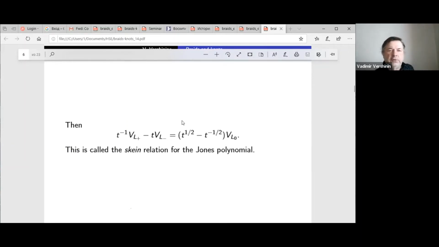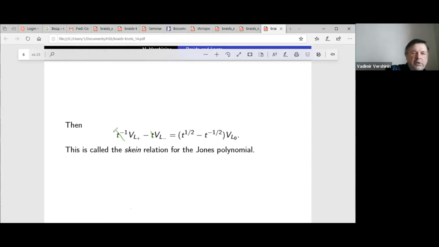If you skip, for example, these two things, if you take away these factors, just 1, 1, this will be, up to a variable, the Alexander-Conway relation.